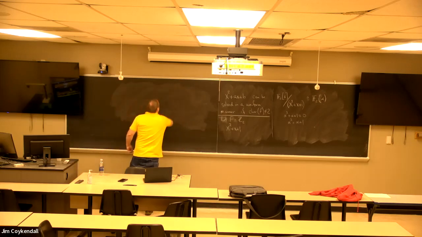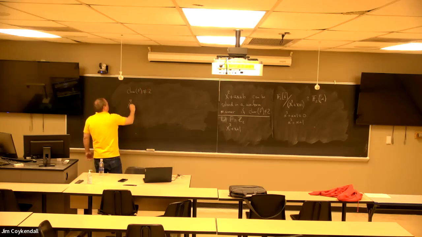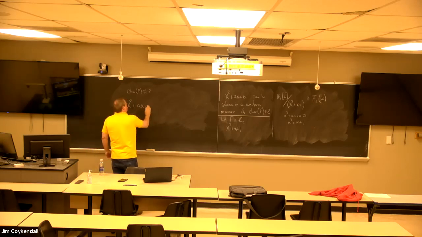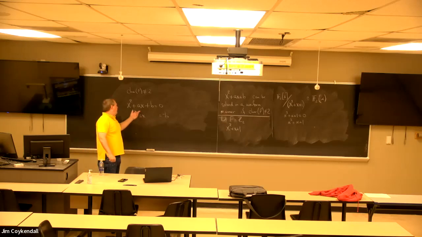Because what I do here, if the characteristic is not 2, if I'm hunting for roots, then I do the old trick of completing the square, right? This is a little trick to make the linear term go away, because solving this is easy.